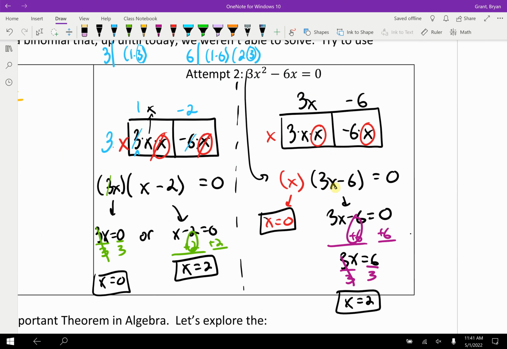We can't use SADMAP if you have 2 different types of x's, x squared and x. We can't use SADMAP. That's for isolating a single x in an equation. More than one x, if they're not like terms, factoring is our only other method we've learned at this point. Once you've put this into factored form, that allows us to make 2 equations that only have a single x, and now you can use SADMAP.